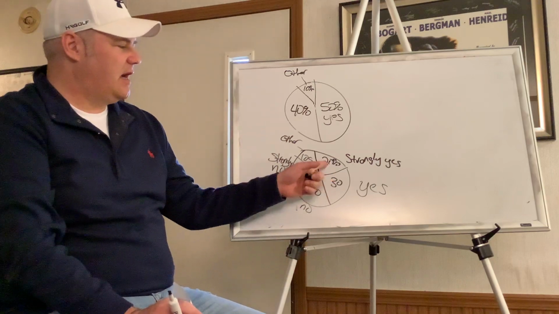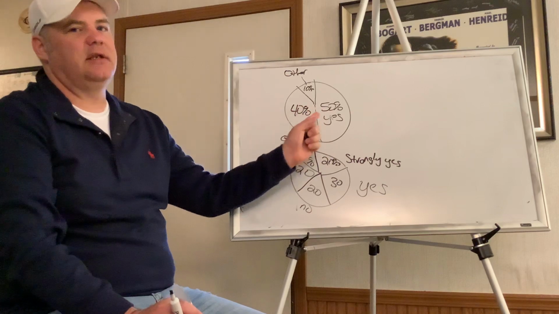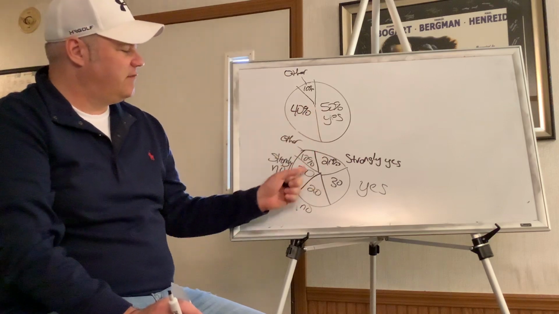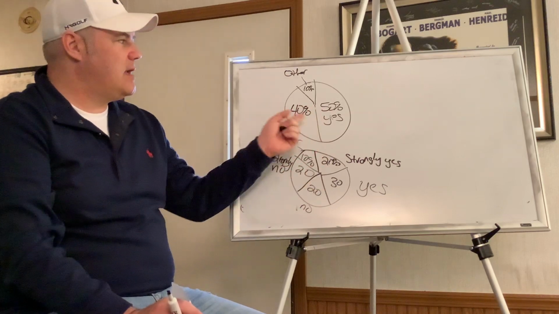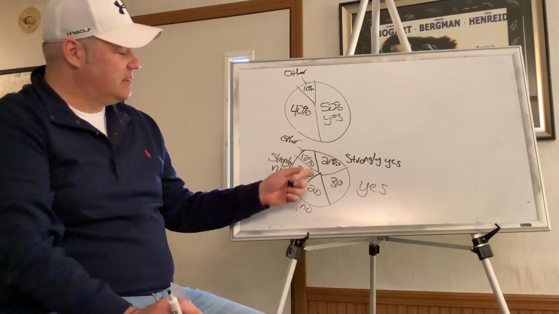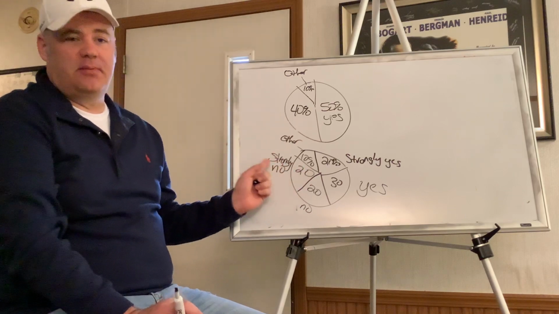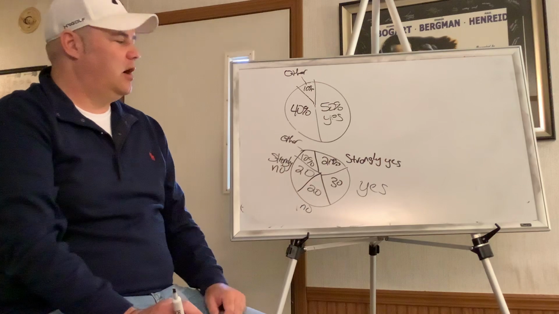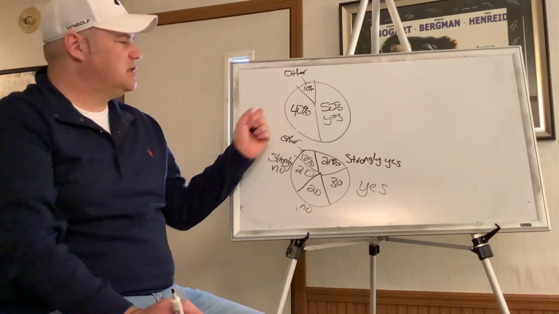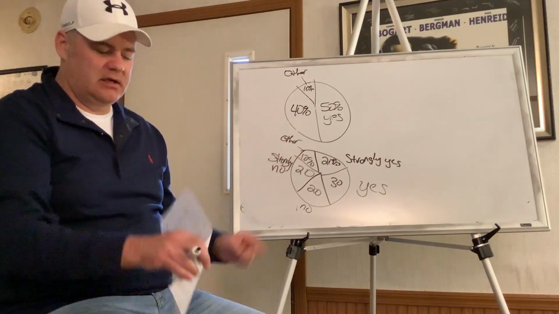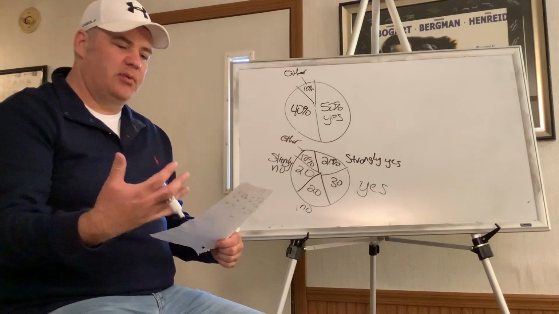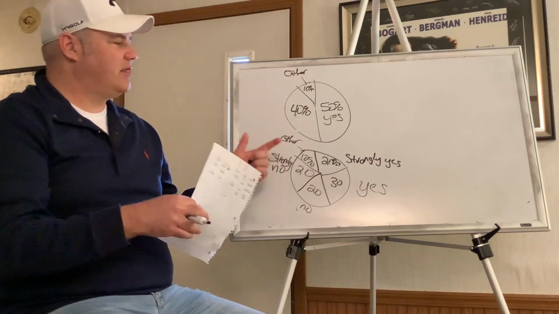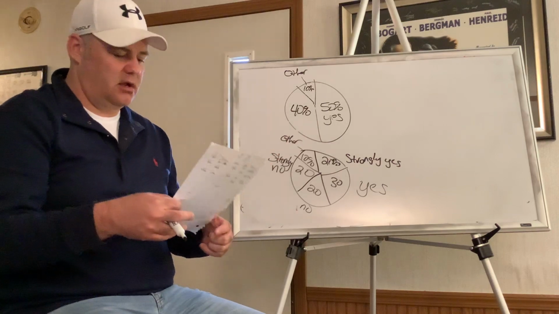That shows you more that you may not want to build it, even though you have 50 and 40. This one broke down evenly, so you're going to have a lot of people in the strongly no in that case. So this shows you how you can break into graphs a little deeper, try to do the math, and realize the math matters on it.